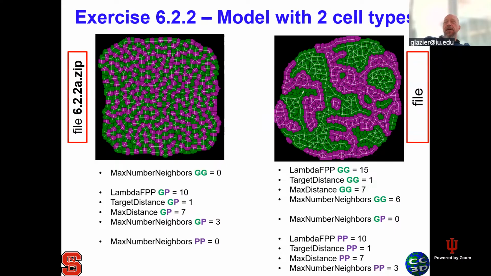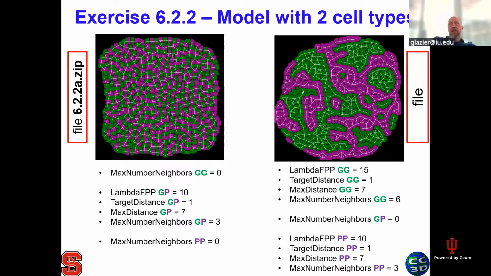In this case, he's got green being a little more cohesive than purple. I'm pretty surprised that they set the target distance pretty small, like it's just one. That's quite a strong pull.